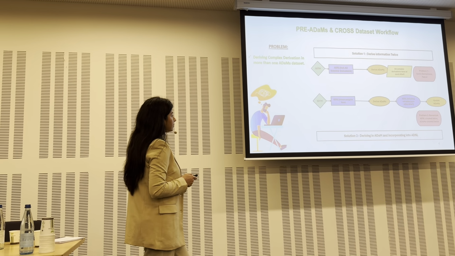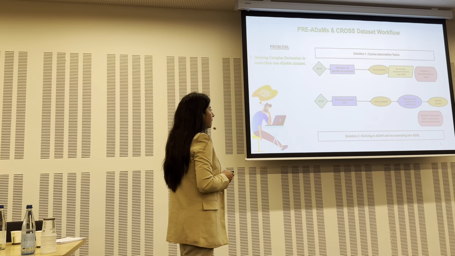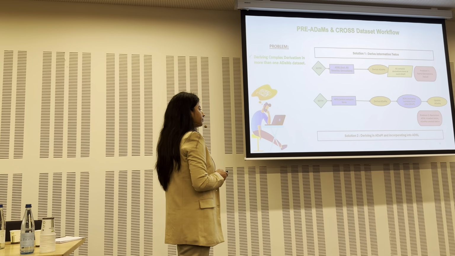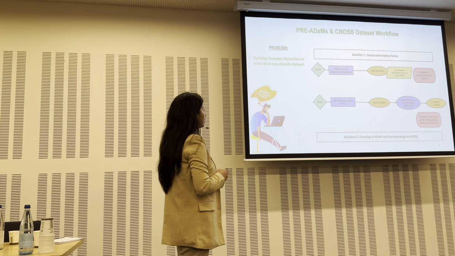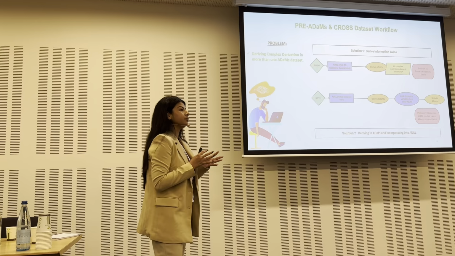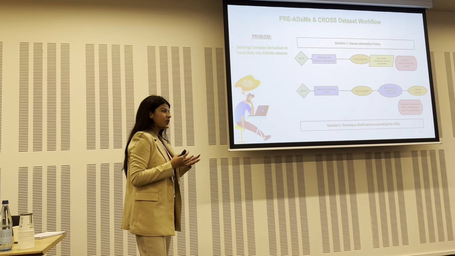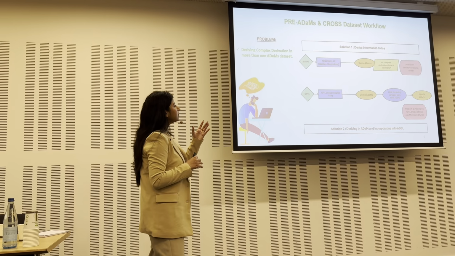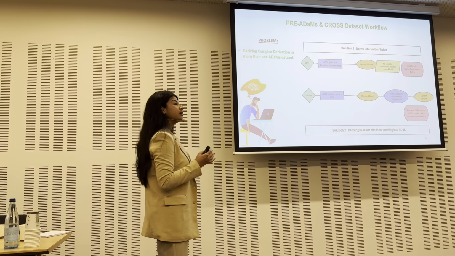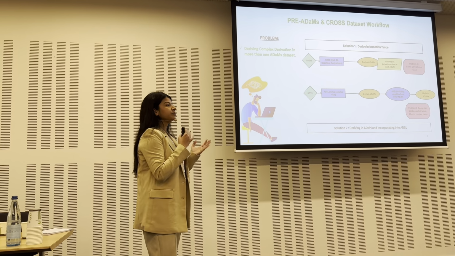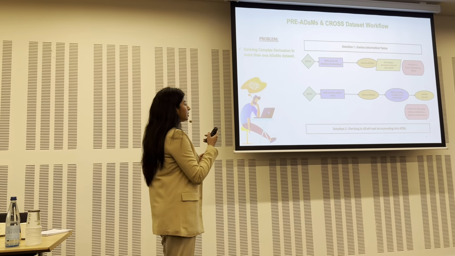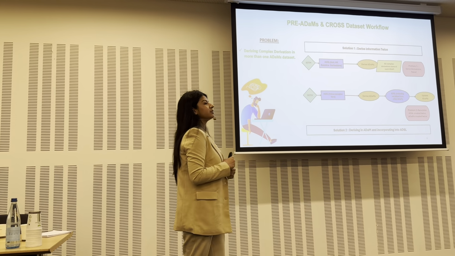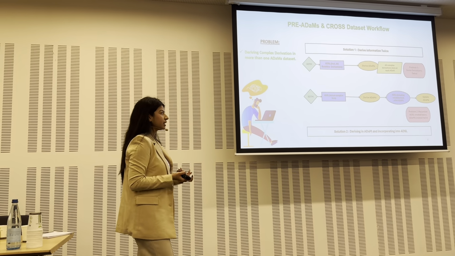We do have two potential solutions, but each has its own problem. The first one is from SDTM, we create ADSL with all the complex variables that are needed, and from ADSL we create the ADaMs, and again in the ADaMs we derive the same complex derivation. The problem, as explained, is that we are deriving the same variables twice.